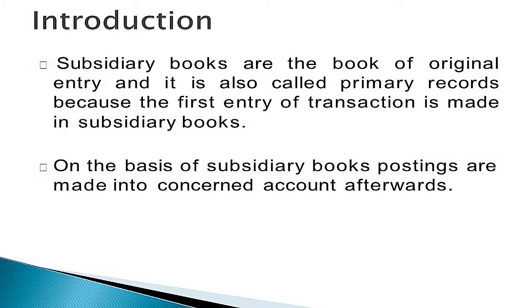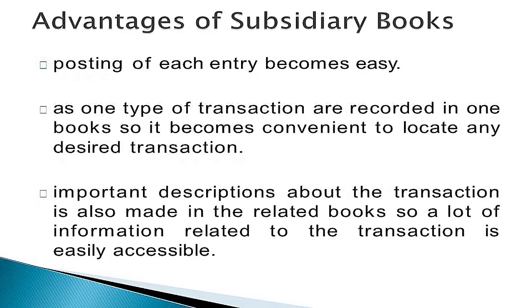Suppose we are maintaining a sales book, the total amount is transferred to the sales ledger account. The sales ledger account balance is transferred to the trial balance. So the subsidiary books are the main books or primary records, and after these, balances are transferred to the concerned accounts.